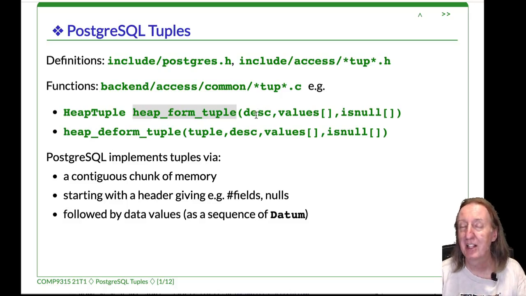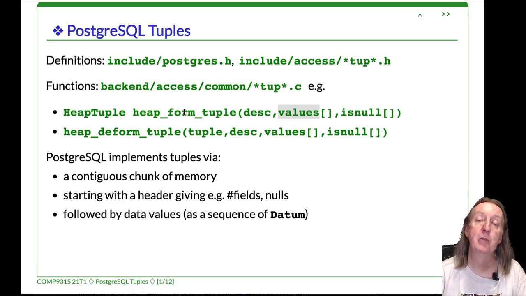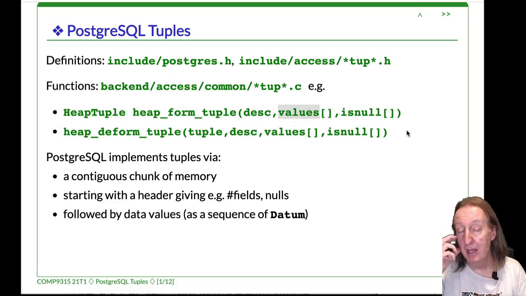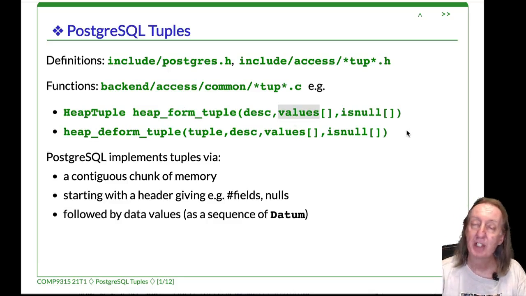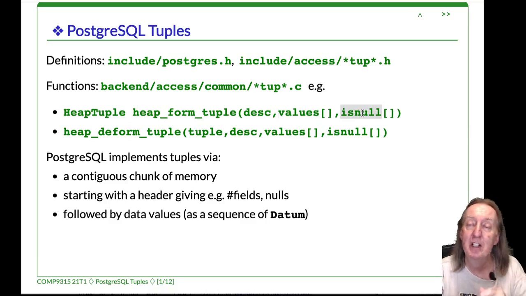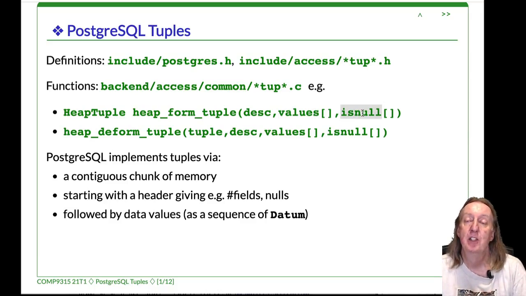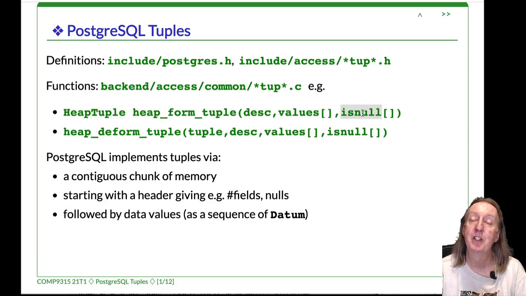So you know how large each attribute is, what type it has, and so on. You've also got an array of actual values which you're going to use to build the tuple. And also, interestingly, and we'll see this in a couple of other places, you need an array of effectively booleans to tell you which of the attributes are null.